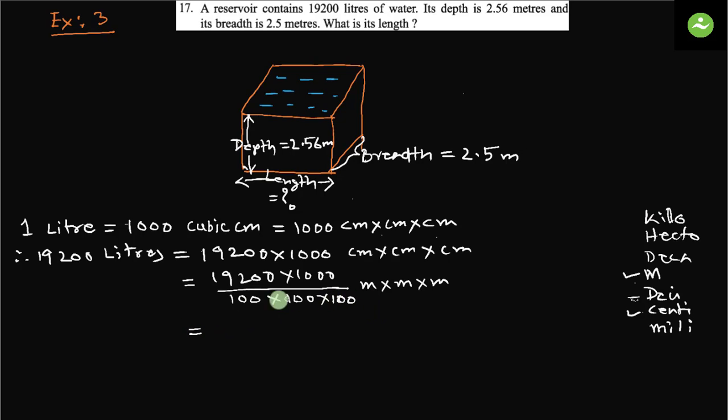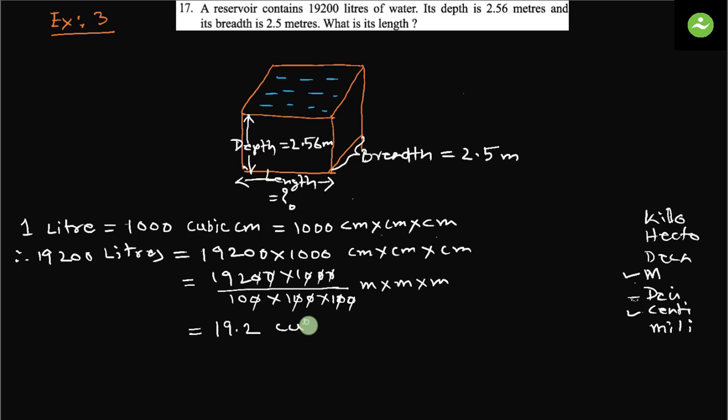If we simplify, this 0 is gone, this 0 is gone, this 0 and 0 gone, this 0 gone, and this 0 and this 0 gone. There is one more 0 here. So the result will be 19, we can put a decimal point, 19.2, and cubic meter will be the unit.